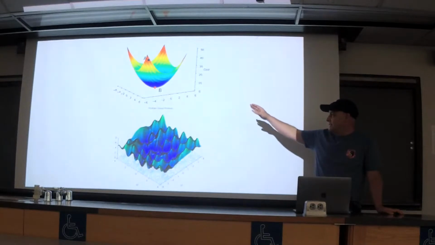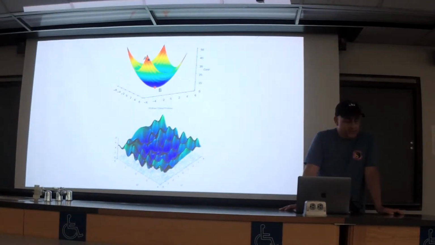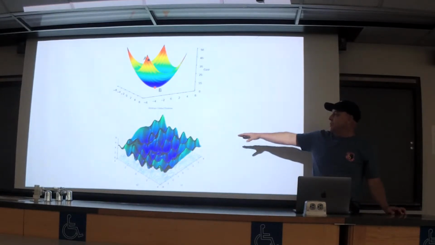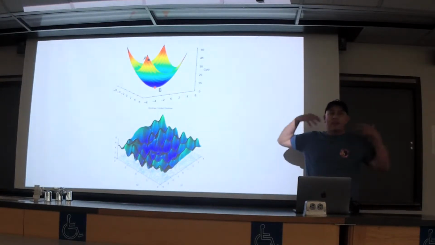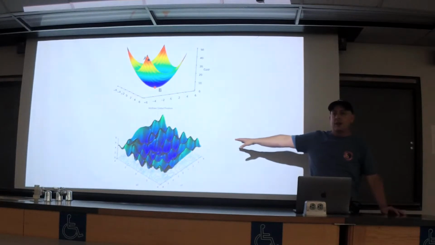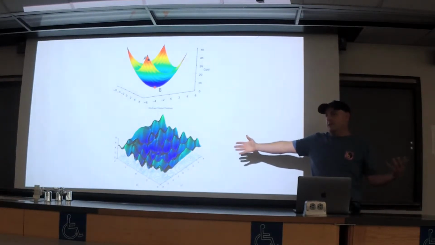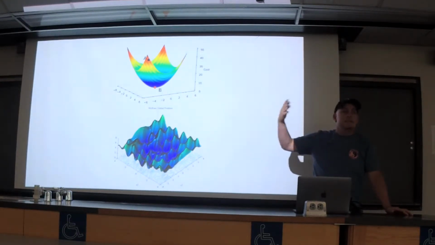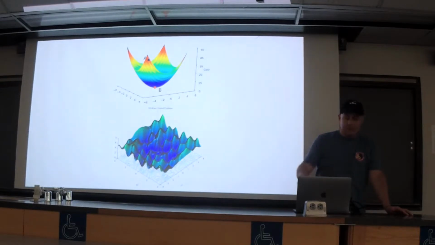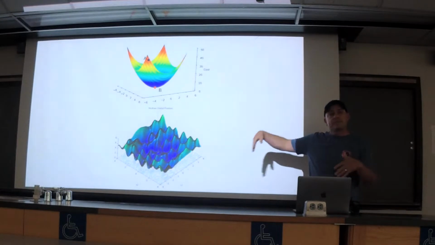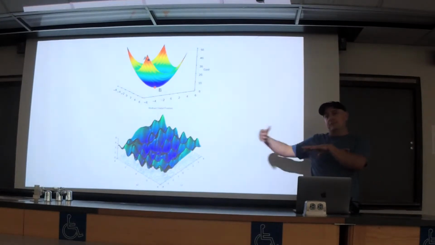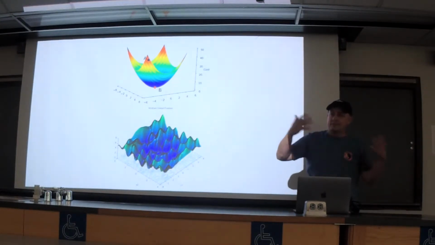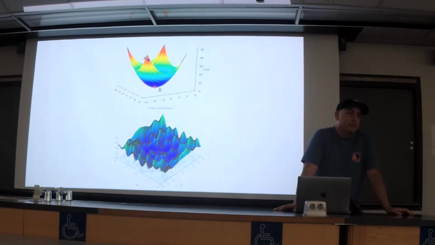They'll have lots and lots of local minima, and worse than that, this is just some way of illustrating this in two dimensions. Our functions that we're trying to optimize will have tens or hundreds of millions, even billions of parameters. So this loss surface doesn't exist in two dimensions. It exists in 100 million dimensions or whatever.